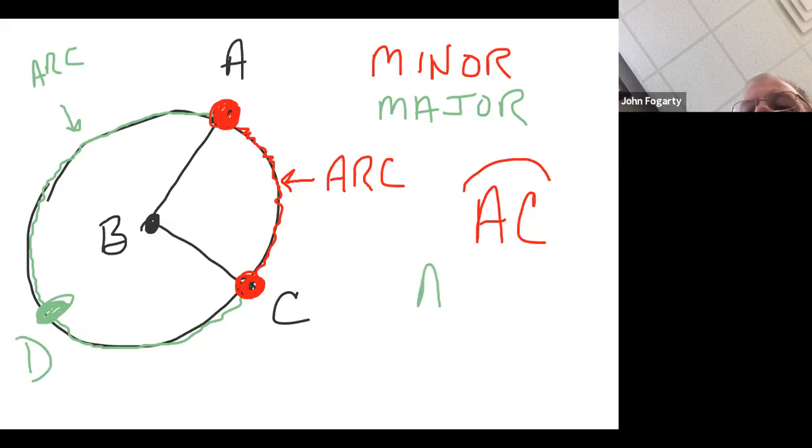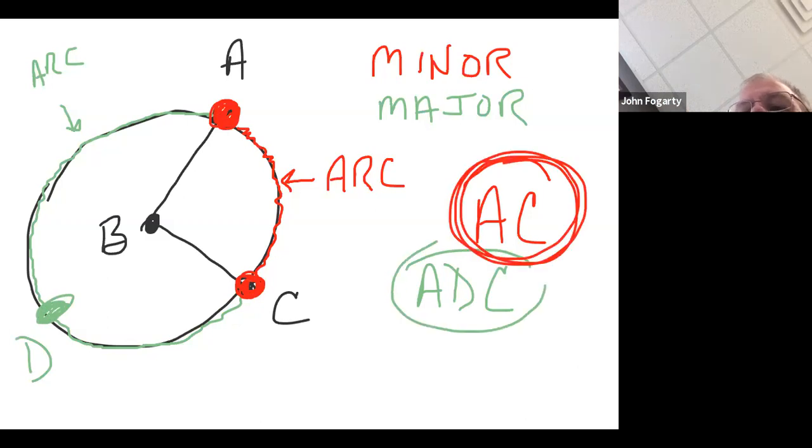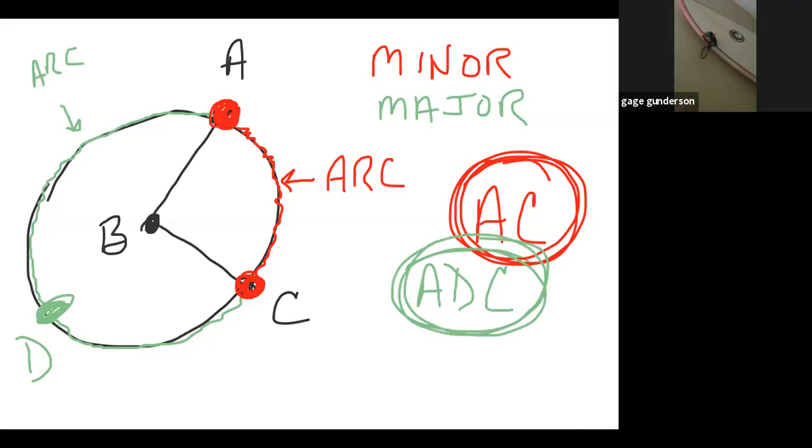A, D, C. All this means right here is arc ADC means start at A, end up at C, but go through D. Does that make sense? Does everybody understand the difference between this and this? Yes or no? Yeah.